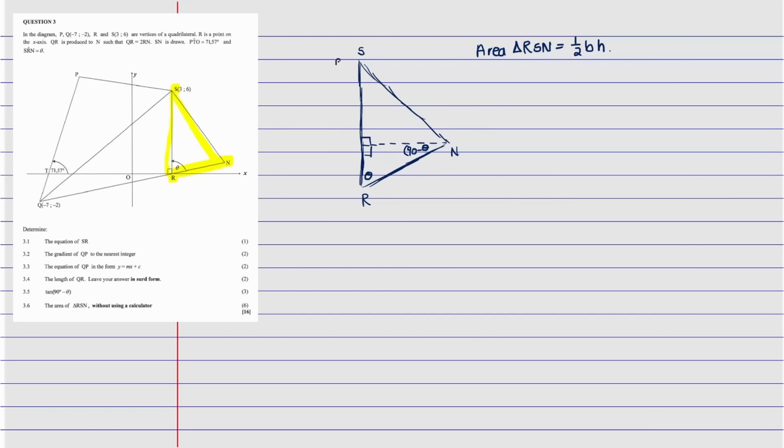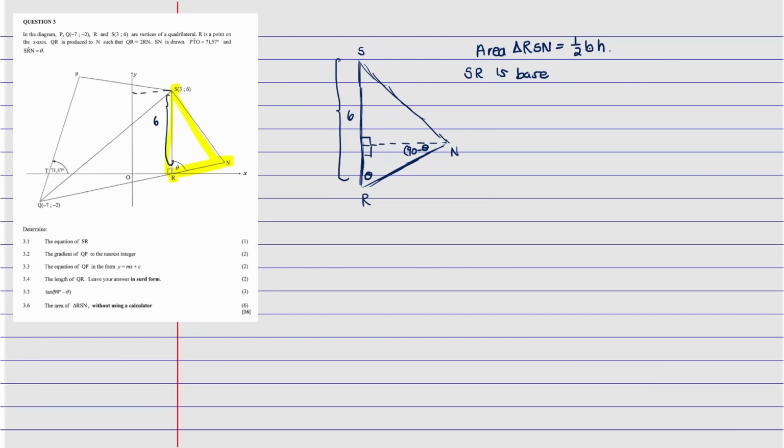So our height cuts here, meaning SR is the base, which we can find because the distance between here and here is just going to be this y coordinate. So this distance here is actually 6. So there we have our base, which is 6.